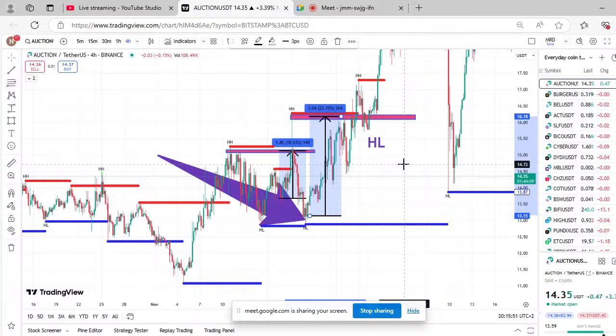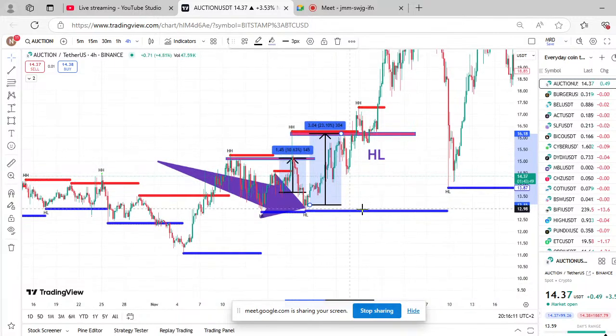But again, whenever we are using such indicators, I want you to always consider what we call market structure, whereby you first identify the trend. Let us assume we don't have indicators.